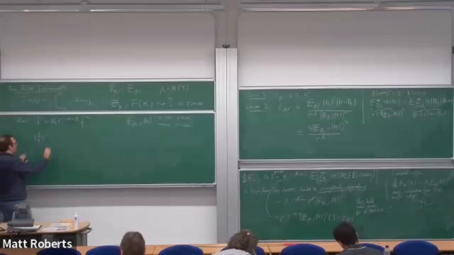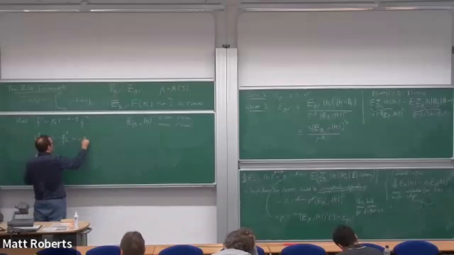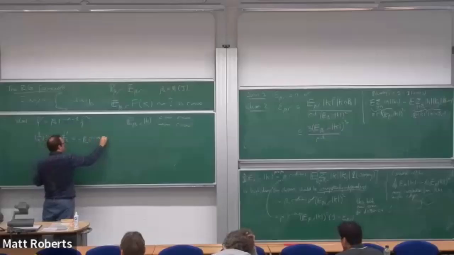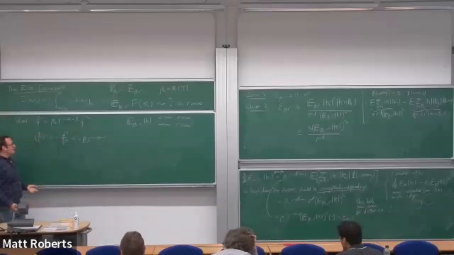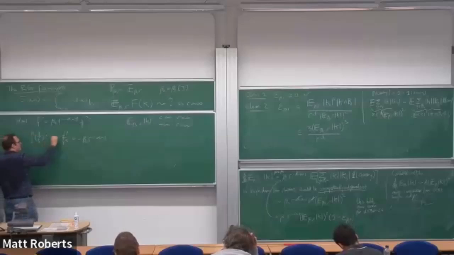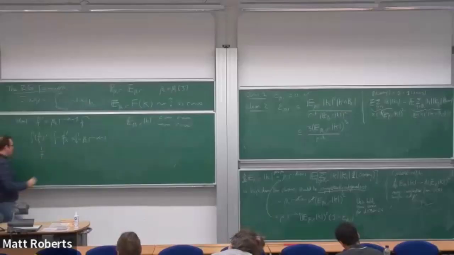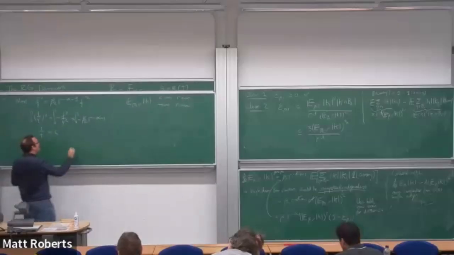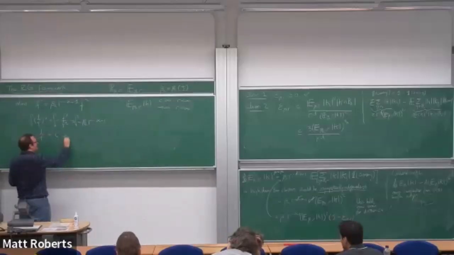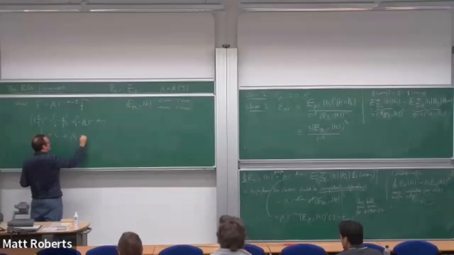You take 1 over F. Its derivative is minus F prime over F squared, which is equal to minus beta C R to the minus alpha minus 1. So if you integrate, you get that 1 over F is a constant, easy to forget, as we all know, plus beta C over alpha R to the minus alpha, or minus alpha.